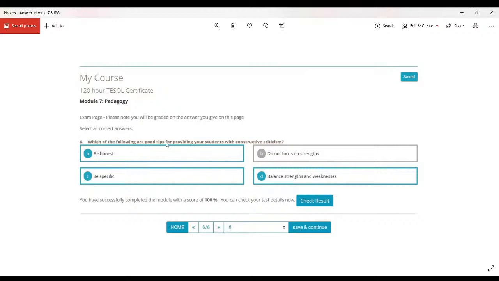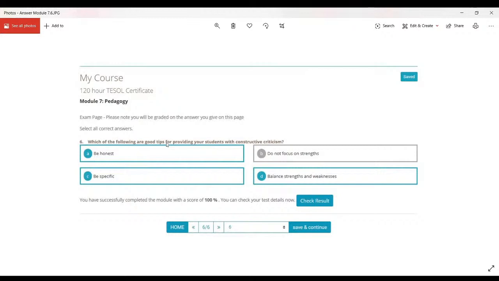We know that the students will appreciate it the more that we are honest with them. Okay, and also we have to be specific. Saying good job is not enough. Actually, it doesn't motivate our students. So, all right, we have to be really honest, specific, and of course, we have to balance strengths and weaknesses.